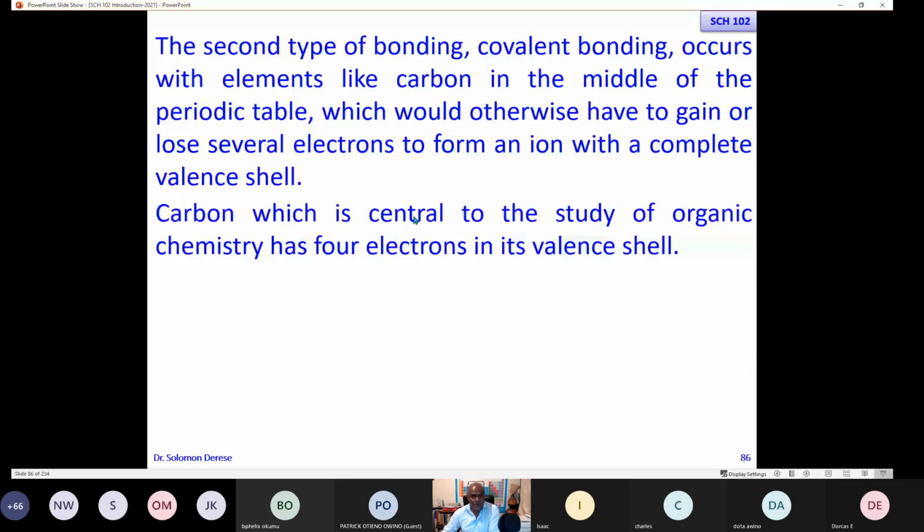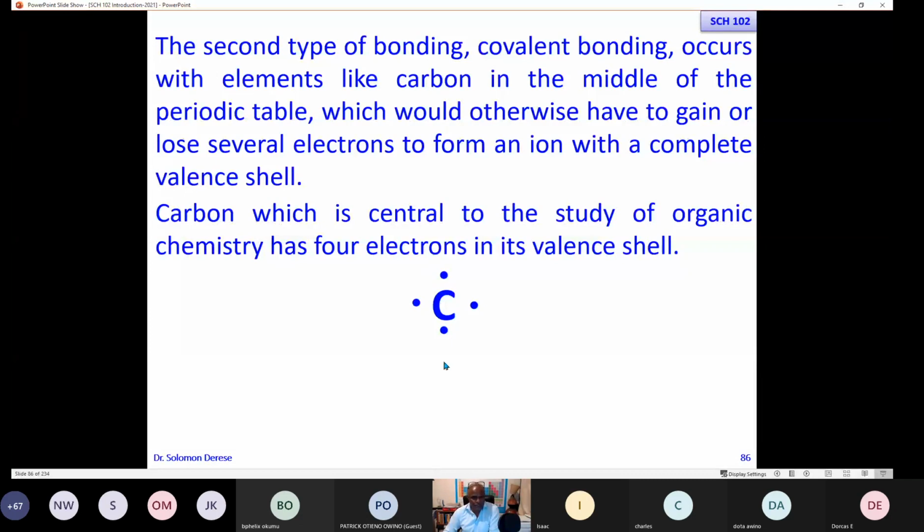So carbon, which is central to the study of organic chemistry, has 4 electrons in its valence shell, and then to have an octet of electrons, it will be sharing these electrons with other elements. That's why we say carbon forms 4 bonds, that carbon is tetravalent.